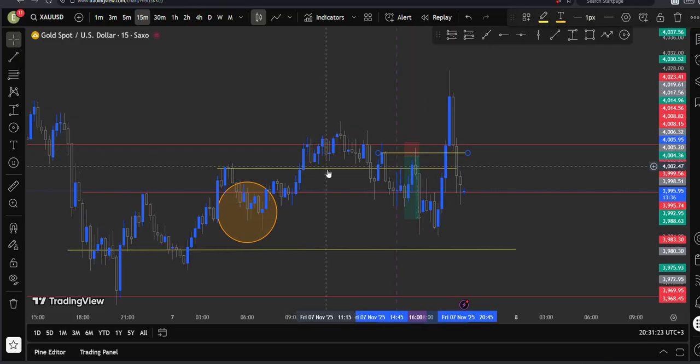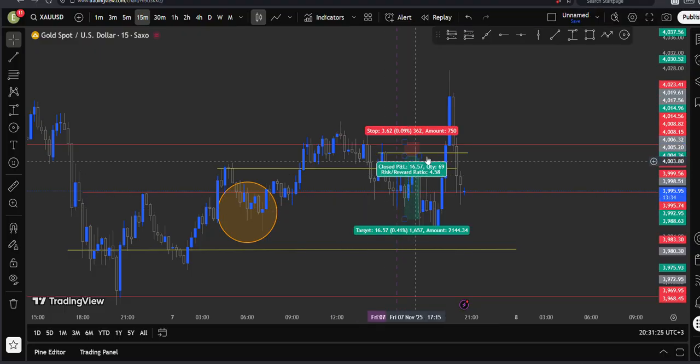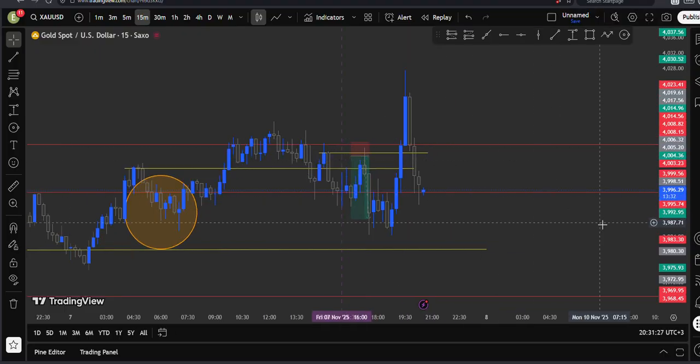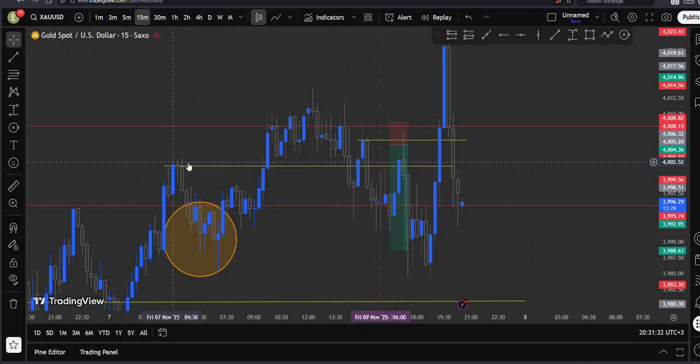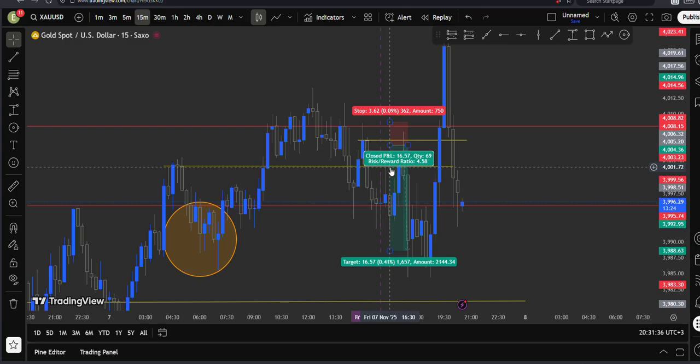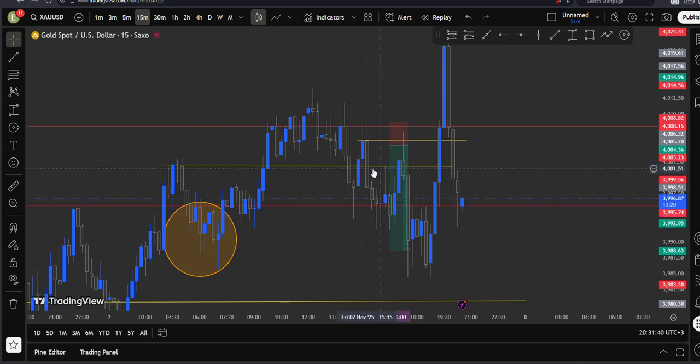I was also putting into consideration liquidity. When the market tapped into this H1 level, it left liquidity here. I consider this point as liquidity, because there were fresh levels up here which the market would respect.